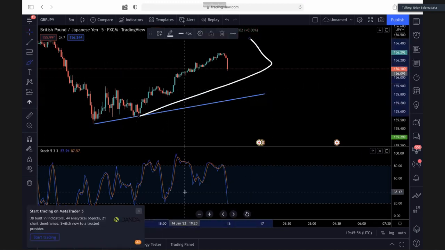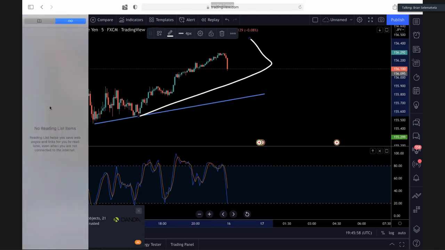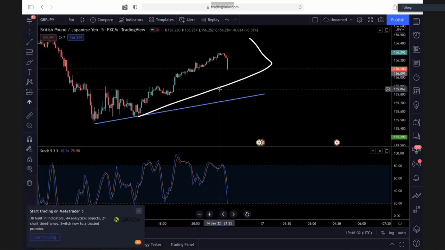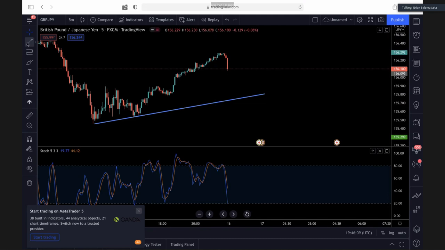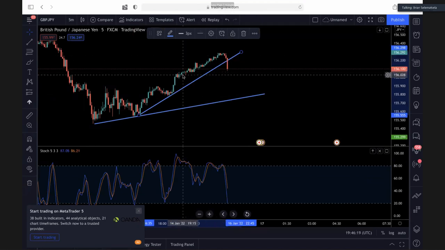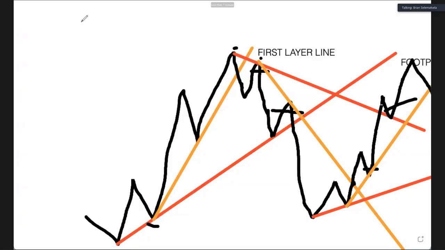Oh my God. So yeah, you guys can see from there what we're waiting for. It is very much clear.